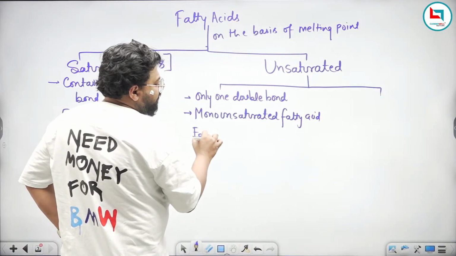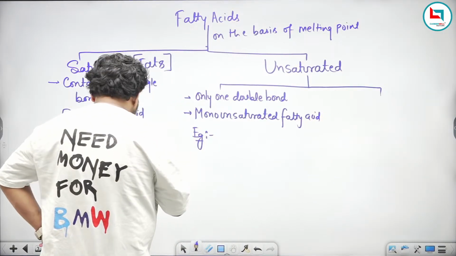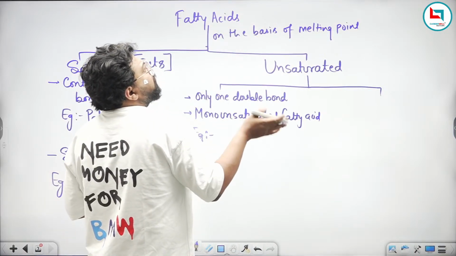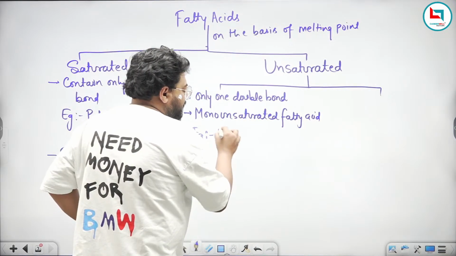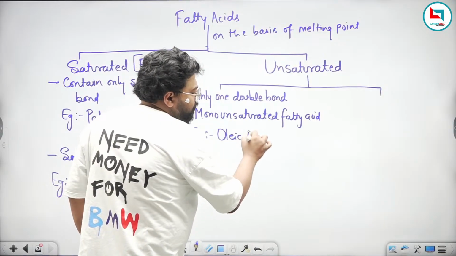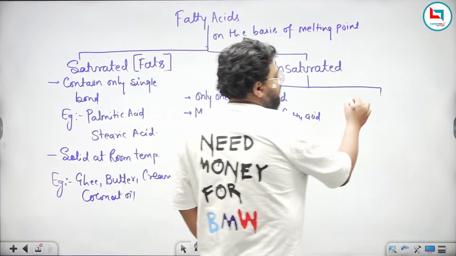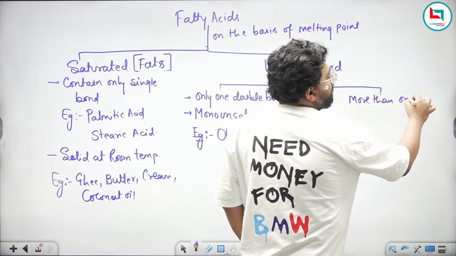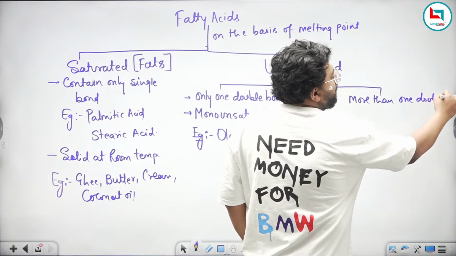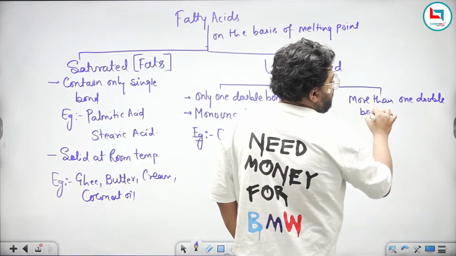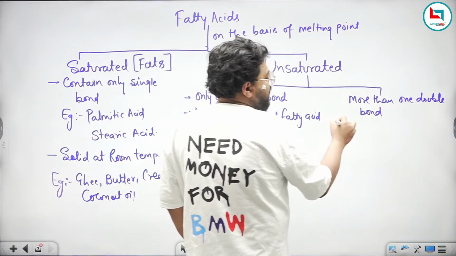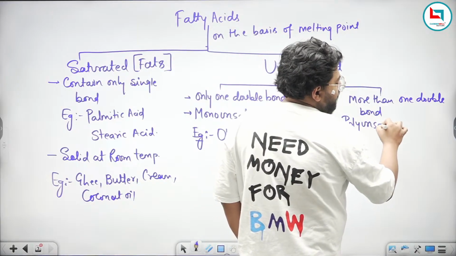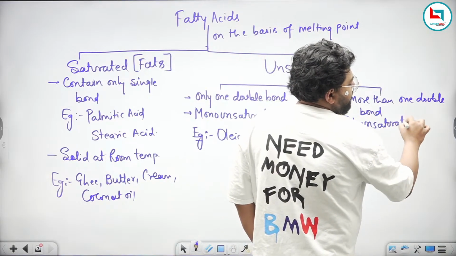An example of this is oleic acid. If these contain more than one double bond, such types of fatty acids are said to be polyunsaturated fatty acids.